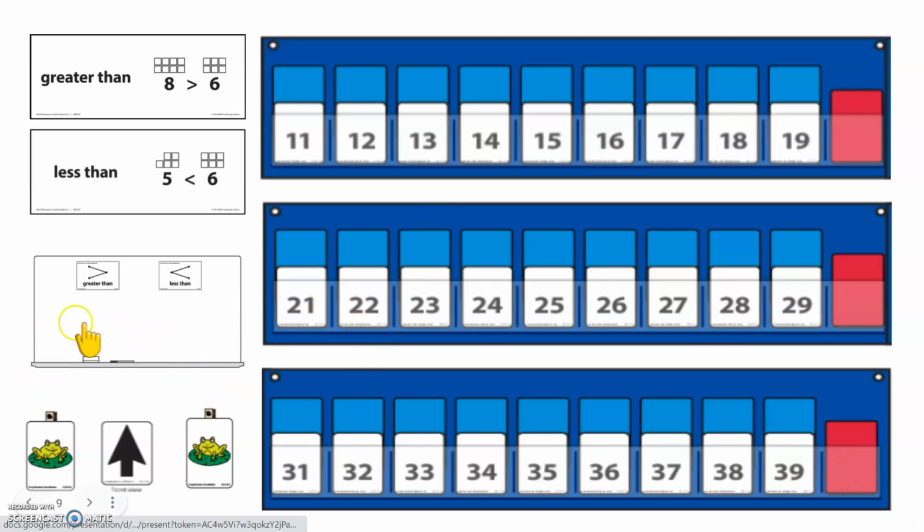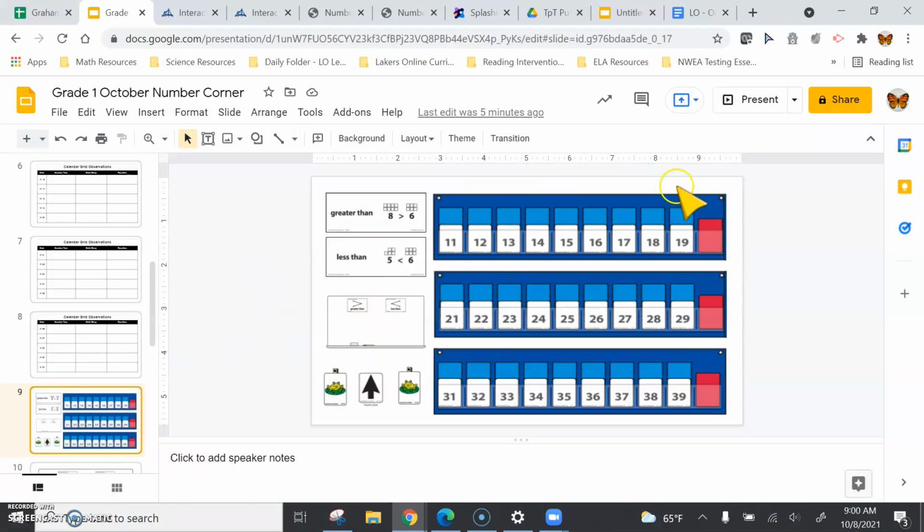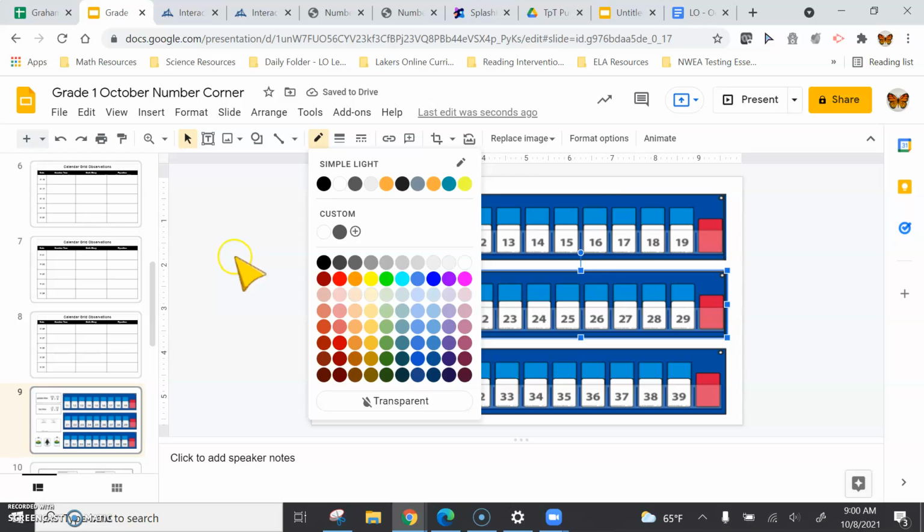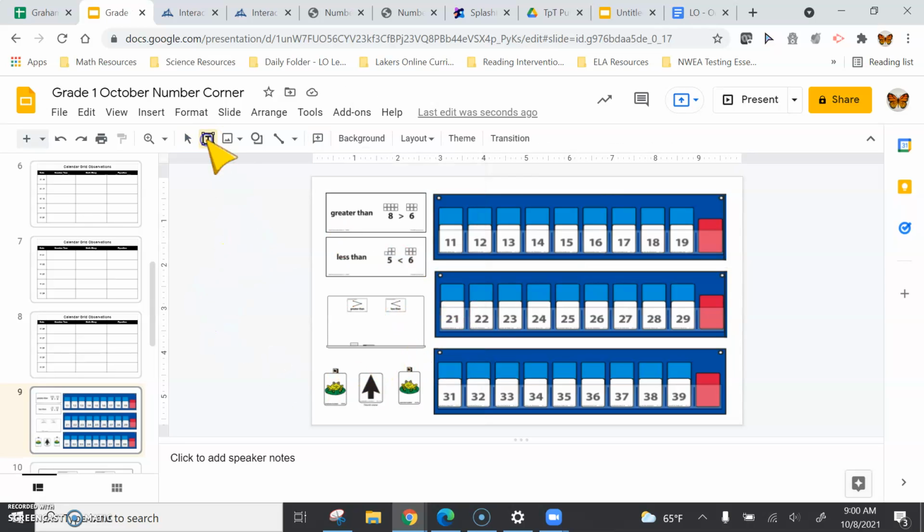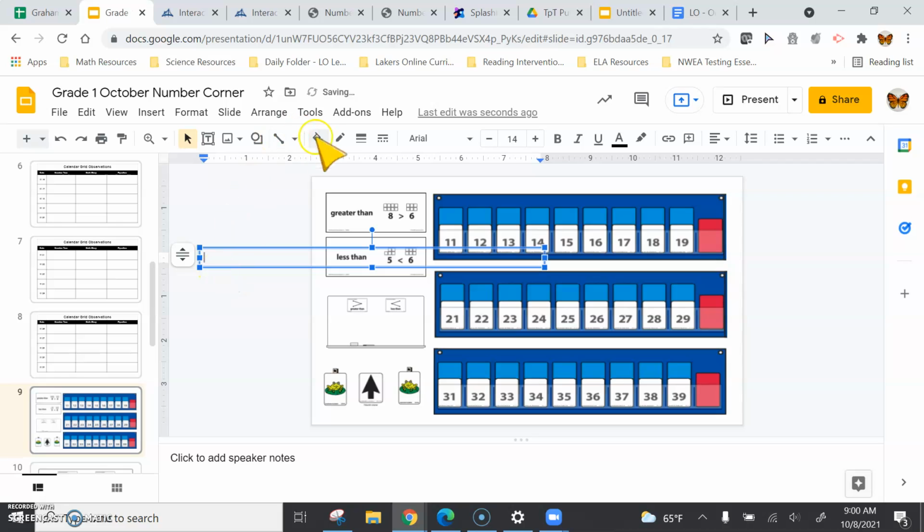I want to challenge you right now. We'll just start off with the greater than. Can you think of a number that may be greater than another number? What if I said 21 is greater than, what is 21 greater than?